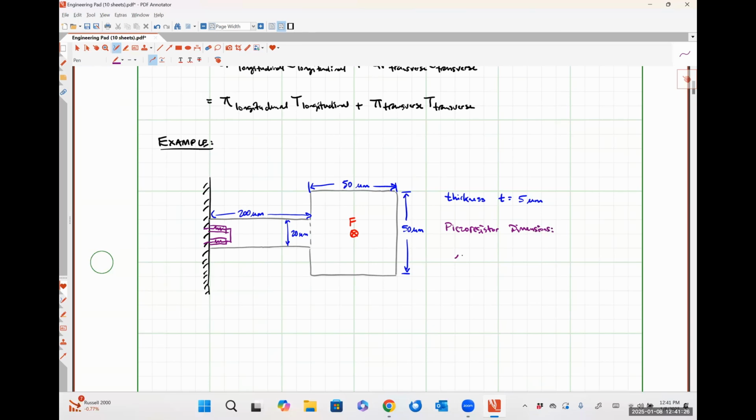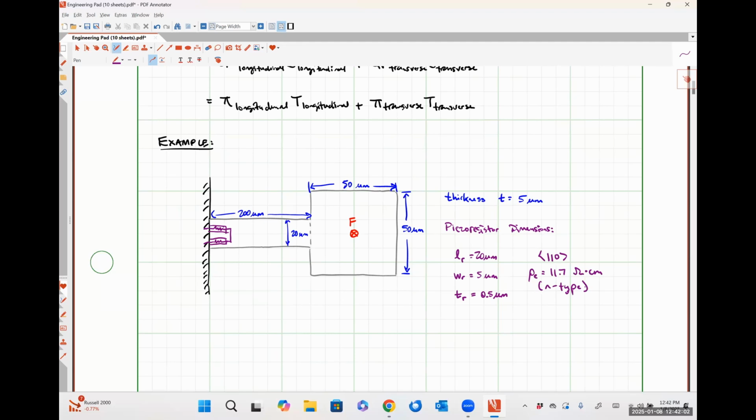So we'll have the length of our piezo resistor is 20 microns. The width of our piezo resistor is 5 microns. The thickness of our piezo resistor is half a micron. It's made out of 110 silicon, which will have an electrical resistivity of 11.7 ohm centimeters, meaning that this is N-type.